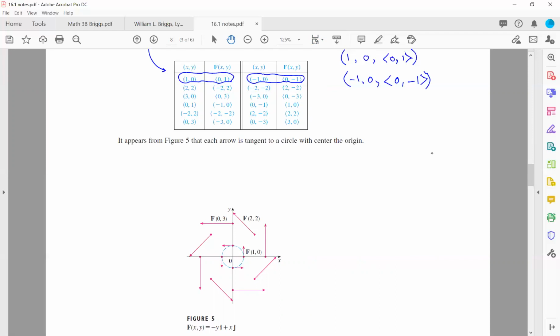So this is the starting point, and this is the vector which represents the outcome of the function. You can take different points and actually see the direction of these vectors. This is your vector field.